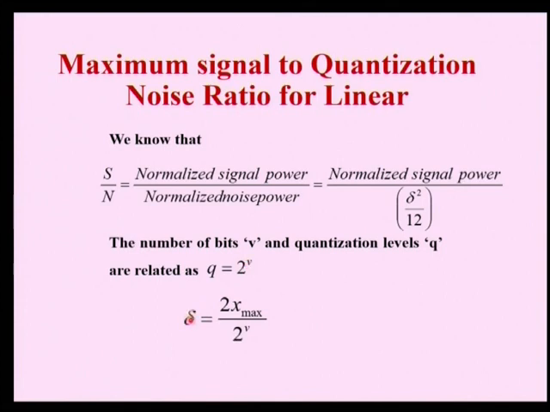And what is del? The step size, which is given as the dynamic range divided by Q, the quantization levels. This gives 2 times x max by 2 power v.